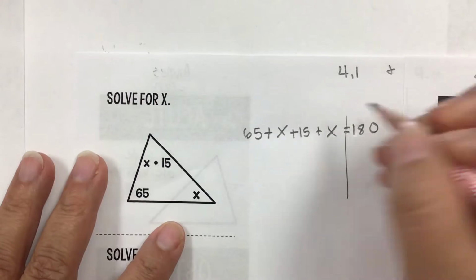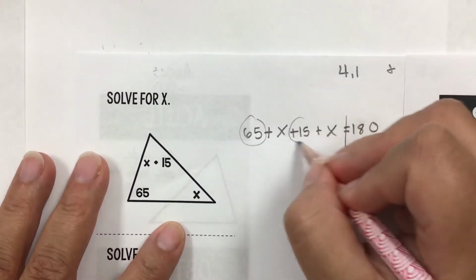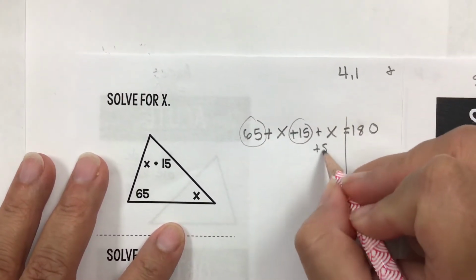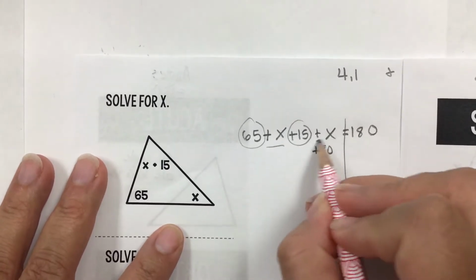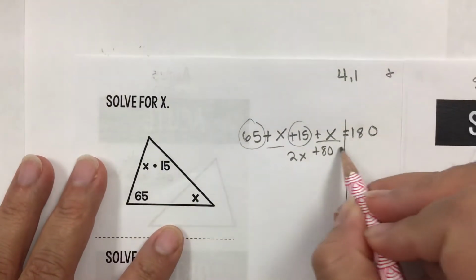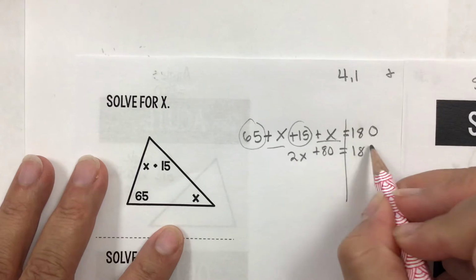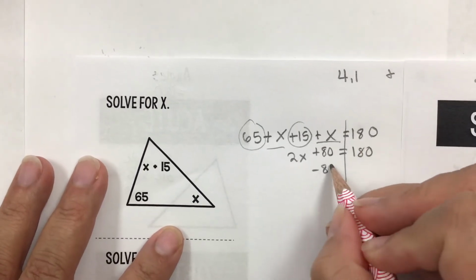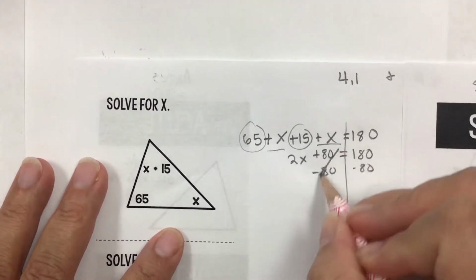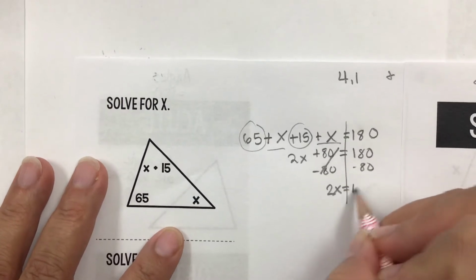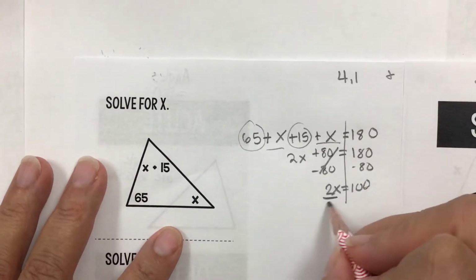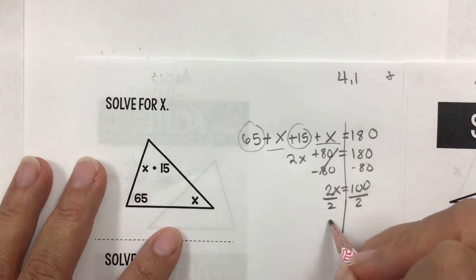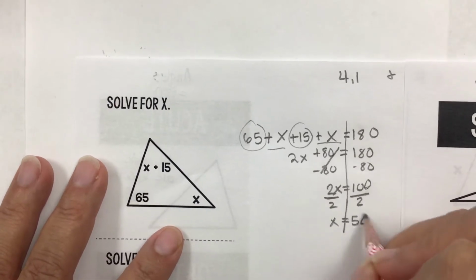We're going to combine like terms. 65 plus 15 is 80. x plus x is 2x, and that's still equal to 180. Minus 80 to both sides. 2x is equal to 100. Then divide by 2. x is equal to 50.